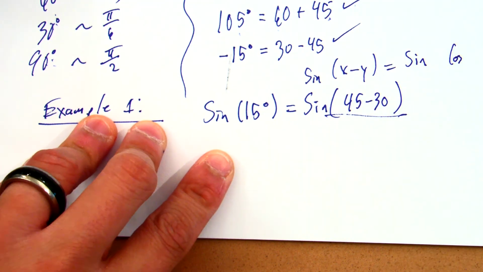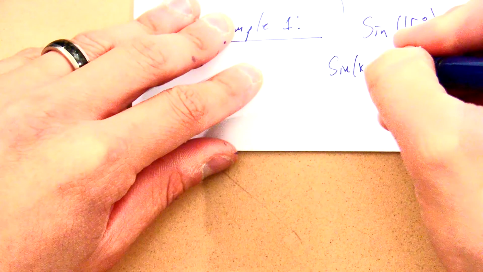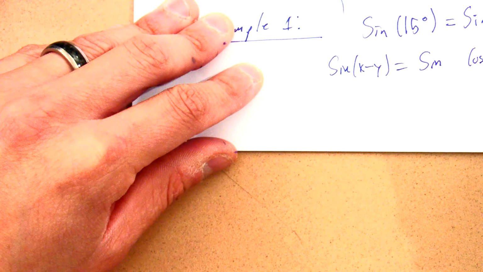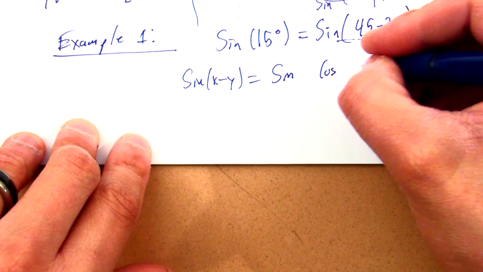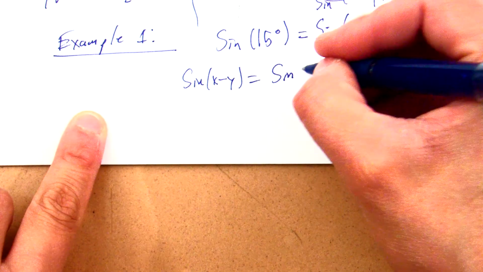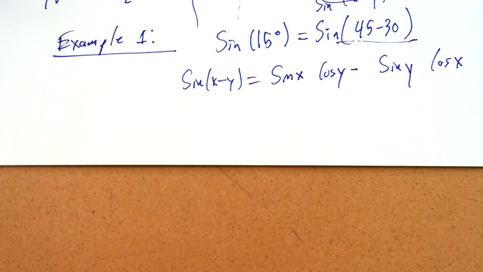Oh, you guys can't see. Let me do it now. Sorry. So the sine formula is what? It's sine, cosine, right? And then sine keeps a sign, so this is a negative here, right? And then what goes in here? x, y, and then we switch it, y, x, right?